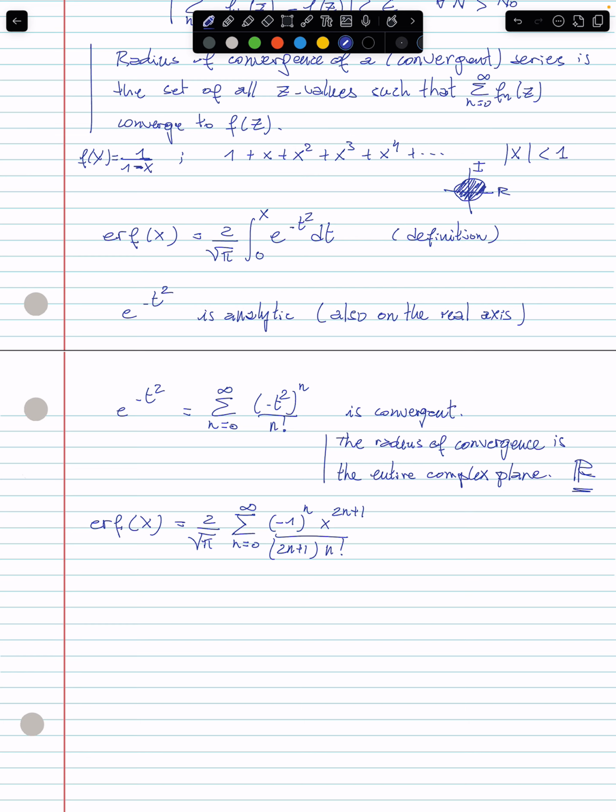All right, also convergent for any x in R.